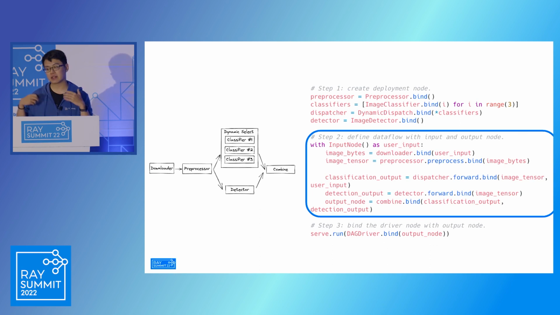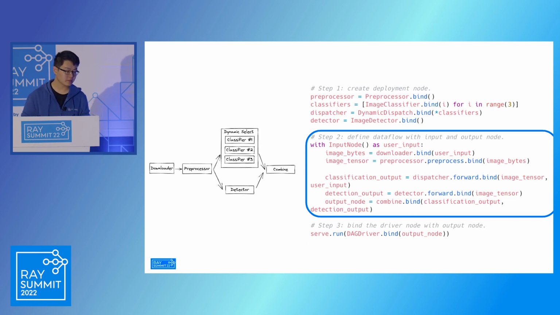And then we can declare the declarative data flow with the input node program, where we pass the input into the downloader, pass the output from the downloader to the preprocessor, and pass the output from the preprocessor to both the dynamic dispatch classifier as well as the image detector at the same time, sharing the same input. And in the end, we get both outputs while piping them to the combined node.